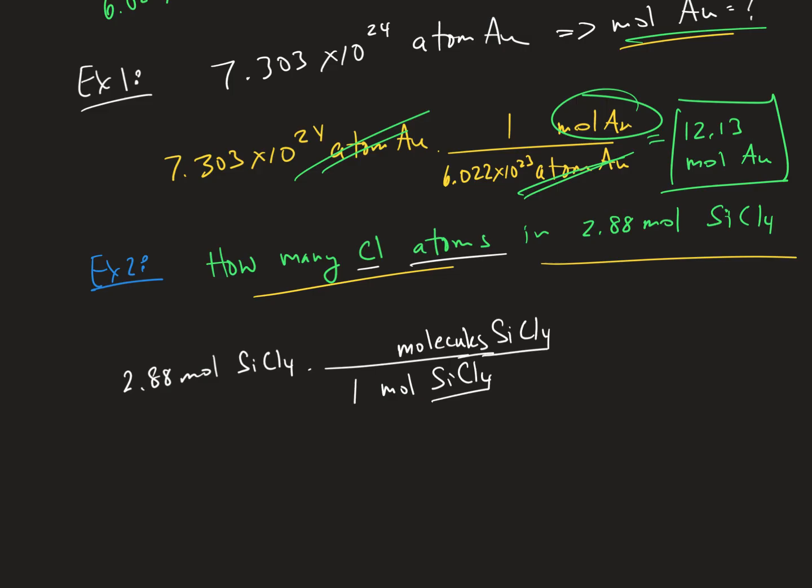And if I have 1 mole of silicon tetrachloride, how many molecules do I have? 6.022 times 10 to the 23 molecules. That goes away. Now, am I looking for molecules of silicon tetrachloride? No, so I put that on bottom.